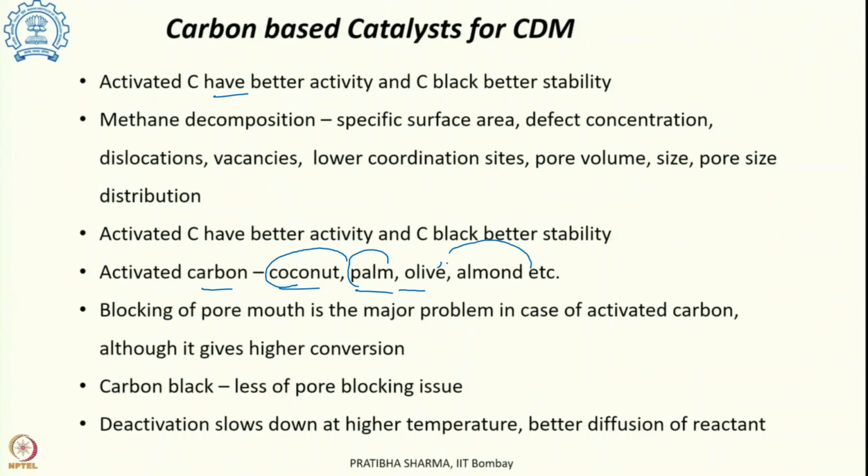From these we can produce activated carbon. And before, I discussed the properties and applications of activated carbon material.